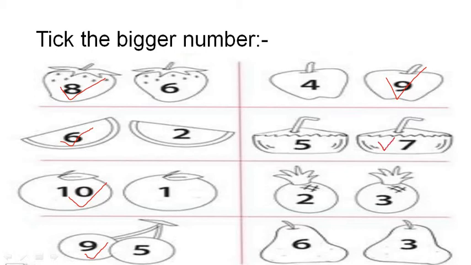Yes, it is 7. Number 2 and number 3. Among these two numbers, which is the bigger number? Yes, it is 3. Tick mark. Number 6 and number 3. Among these two numbers, which is the bigger number? Is it 3? No, it is 6.